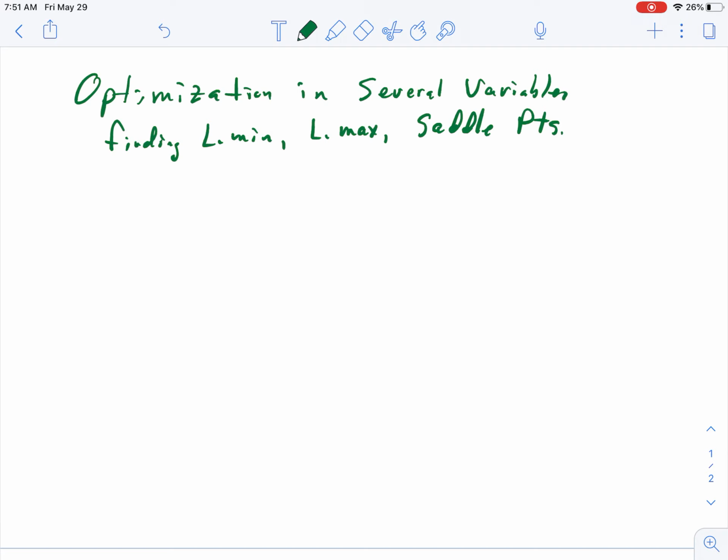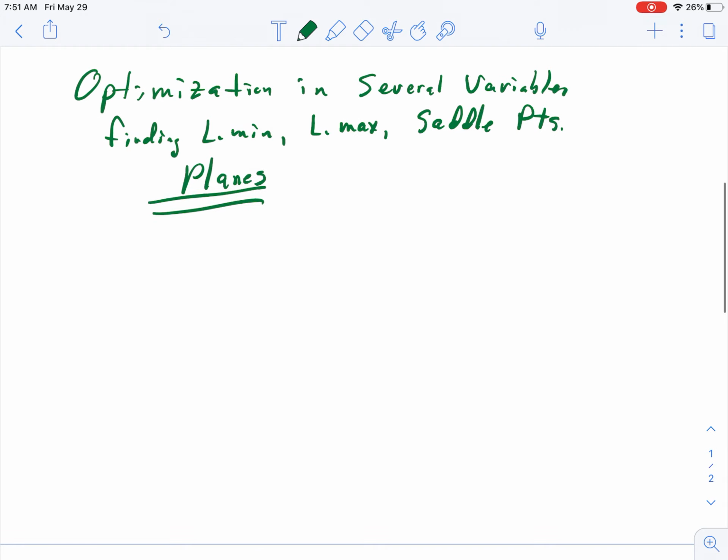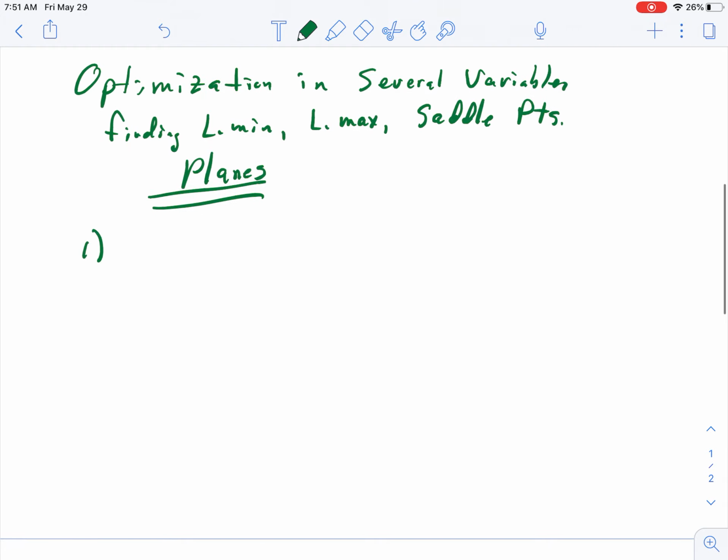And that's one reason why we were trying to draw those out for quite a bit, so you know what a saddle point looks like. Now, these are dealing with planes, though, not a line. So tangent planes give us our max and mins.